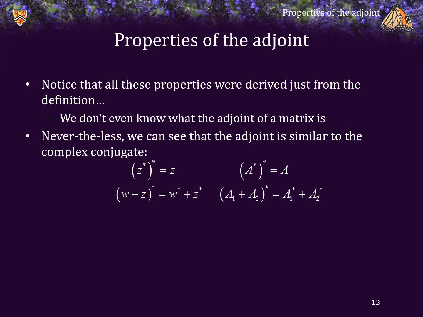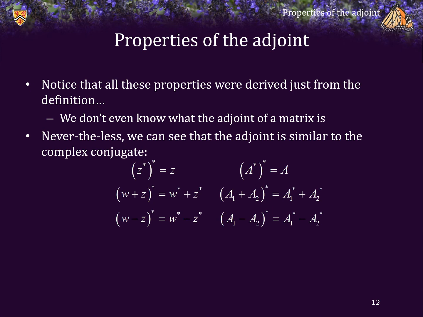If A1 and A2 are linear maps mapping U onto V, then the adjoint of the sum is the sum of the adjoints. Similarly, the conjugate of a difference is the difference of the conjugates, and the adjoint of the difference of the linear maps is the difference of the adjoints of those linear maps.